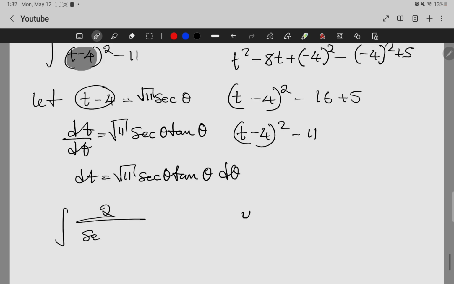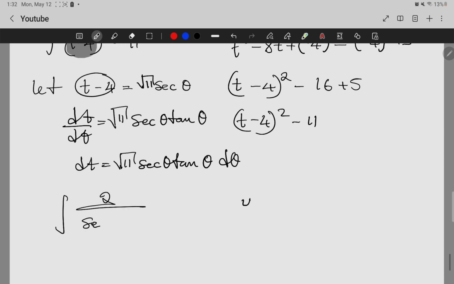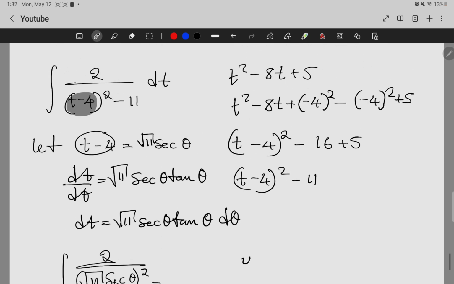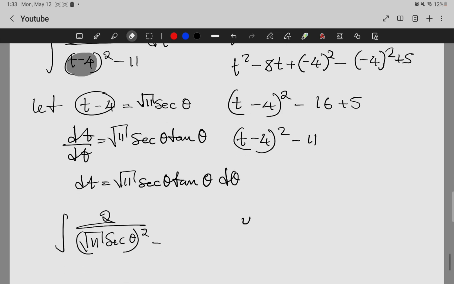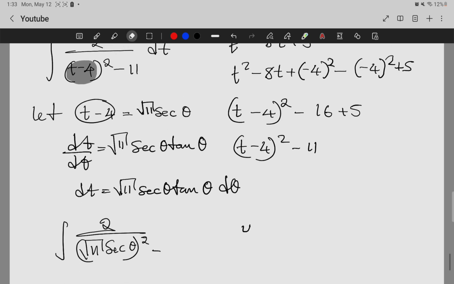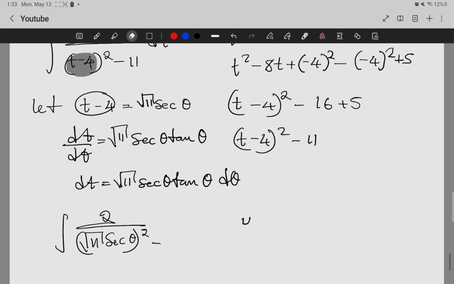So that when substituting now, we're going to have square root of 11 and then sec theta, all this squared, then minus square root of 11 squared, but that is just the same as 11.